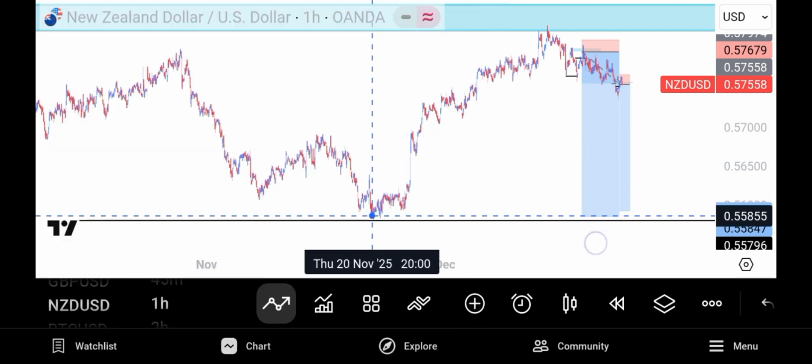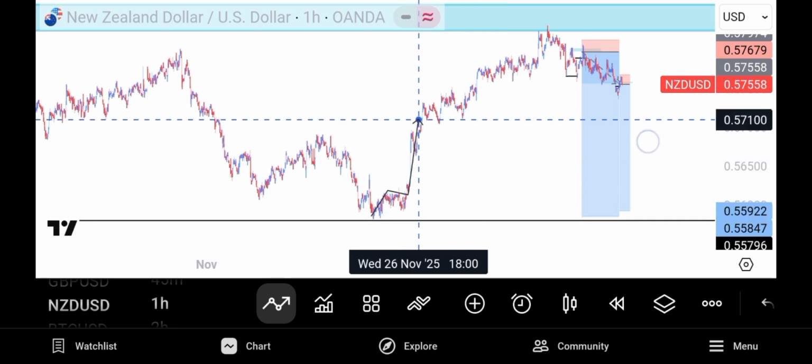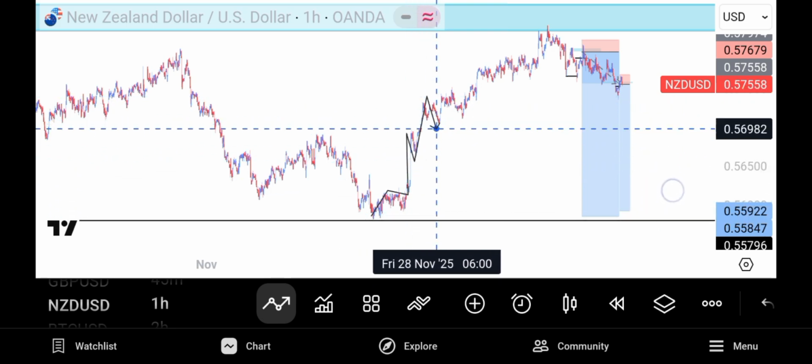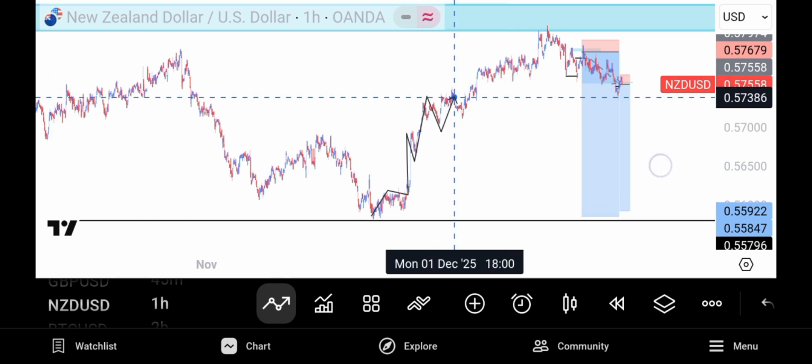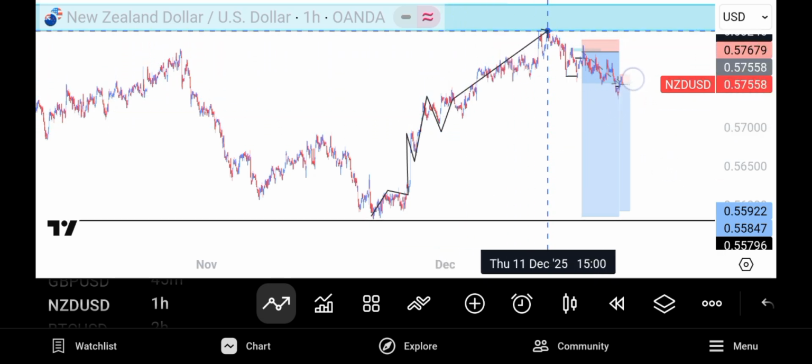As you can see right from here, we had this high, we had this low, created this high, created this low, this again created the low, created another high, came back to this low.